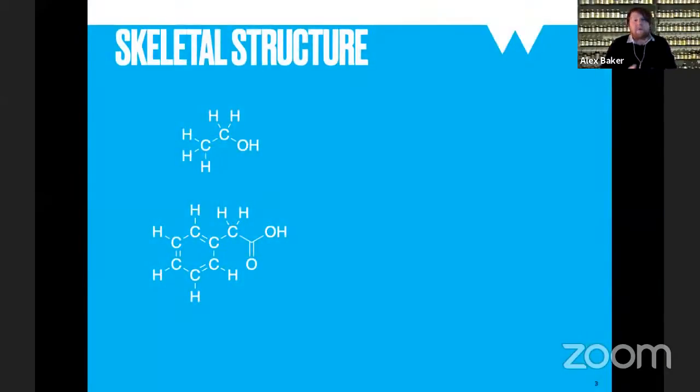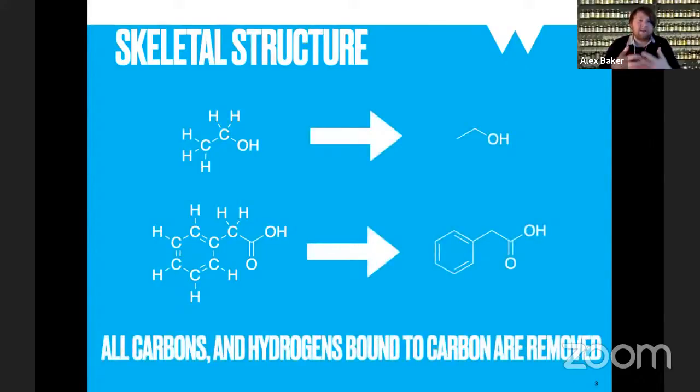Now, a quick point about chemical structures before I go any further. In chemistry lessons at school, you may have seen the structures on the left, where we show every atom, and we give every atom its elemental symbol from the periodic table, and every line is a bond. Now, when we get to university, we remove all the carbons and the hydrogens bound to those carbons from our structures, because it's just so much easier to read and draw.